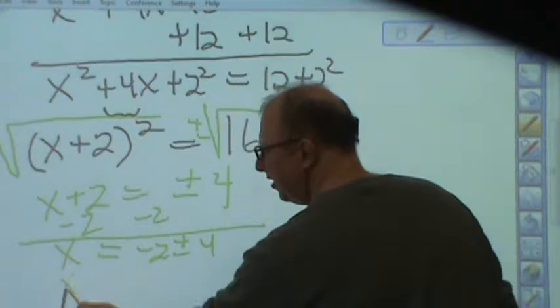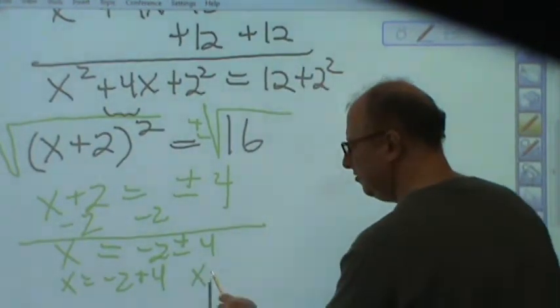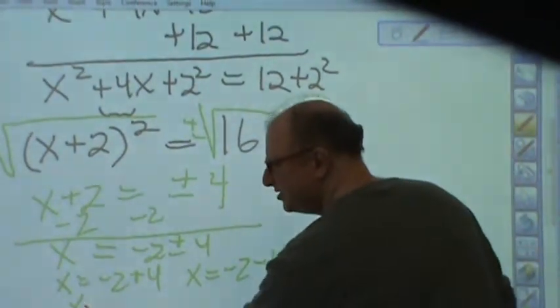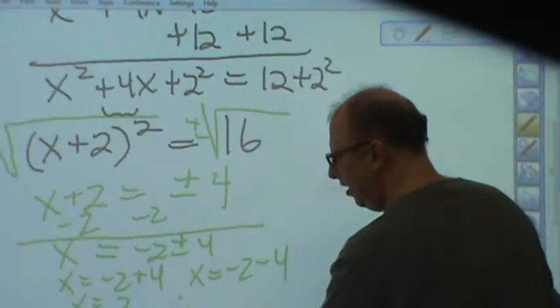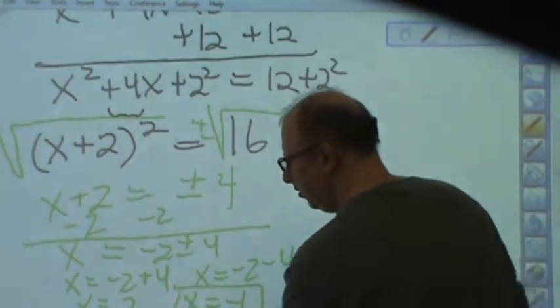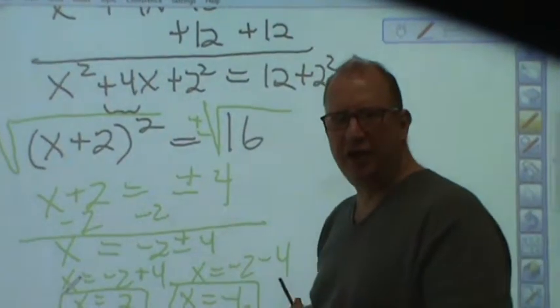Or should I just say x is equal to negative 2 plus 4, x is equal to negative 2 minus 4, x is equal to 2, and x is equal to negative 6. The same exact answer that we had when factoring.